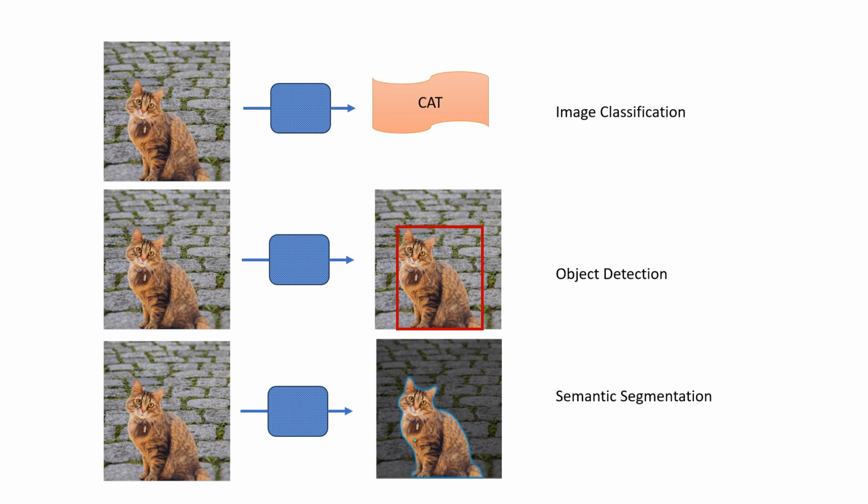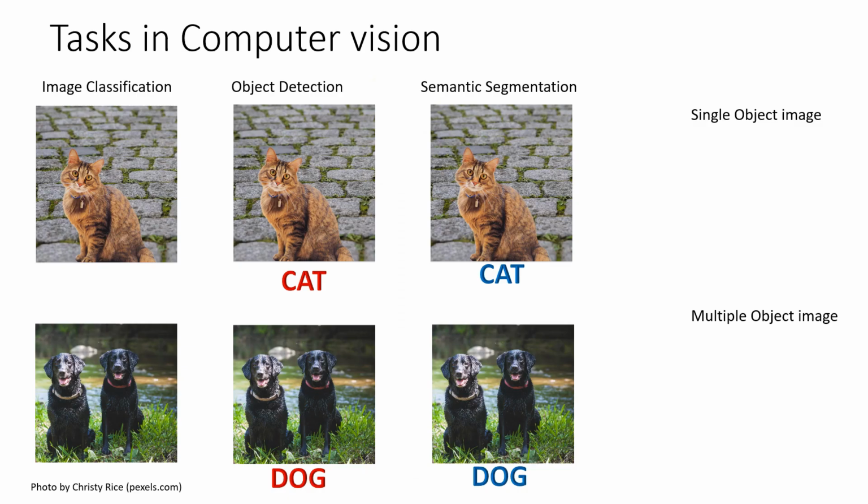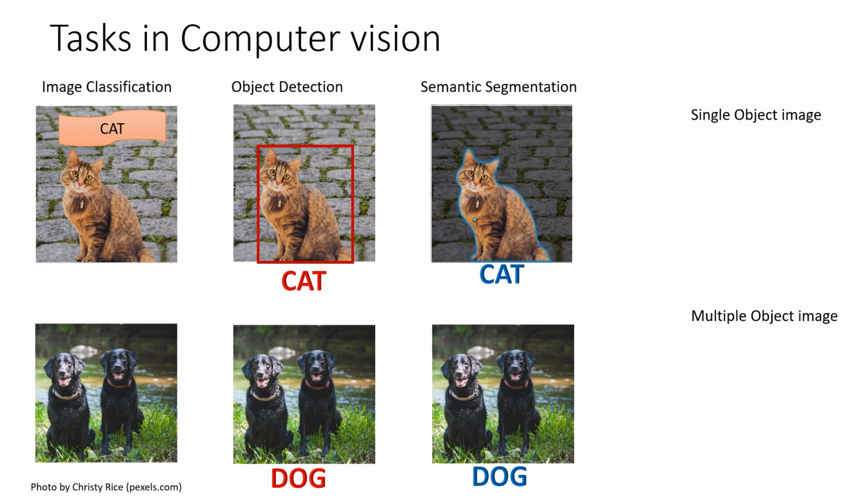So in the previous example, we saw a single object image where we give an image and the models can predict whether it is a cat, or it can localize whether the cat is present in which part of the image, or it can cut out the pixels and separate those pixels which belong to the cat. Similar tasks can be performed on multi-object images.